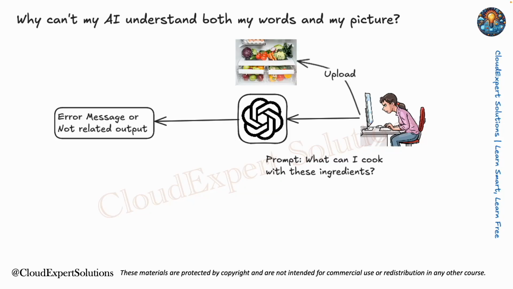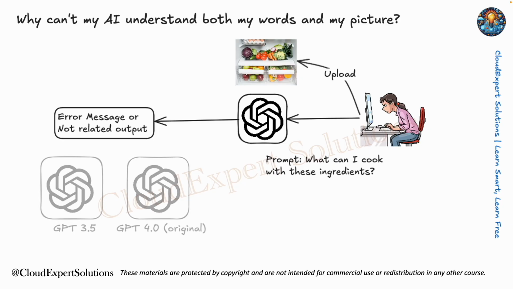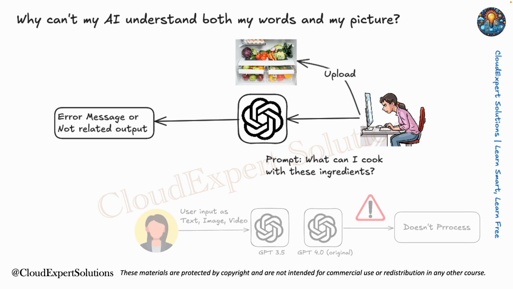Have you ever tried to upload a picture of your refrigerator and ask ChatGPT, what can I cook with these ingredients? Today's GPT models will be able to provide recipes with multiple cuisines. However, if you go back 8 months or a year in the past and tried this with GPT 3.5 or the original GPT 4 LLM model, they would fail because GPT 3.5 and GPT 4 only understood one type of input.